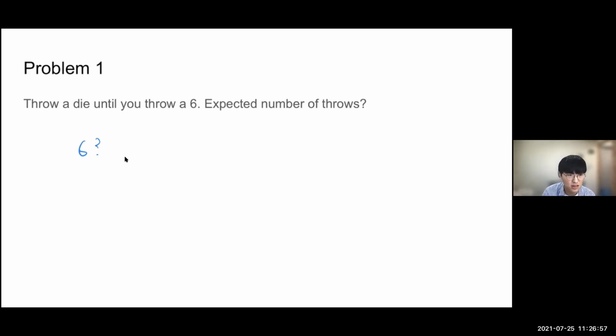Is this the argument that you came up with? Yes. I'm not sure. So let's do a sanity check. Let's say that we've thrown a die 6 times.